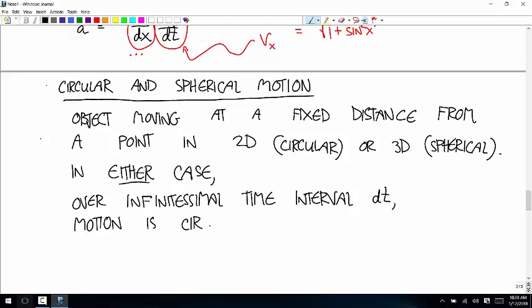So even if over finite times it's moving in 3D on a spherical surface, if you limit the time down to 0, you limit towards a case where the object is moving in a circular path in a single plane. Okay.